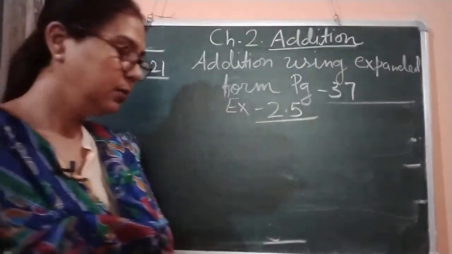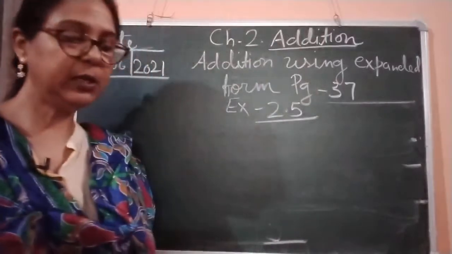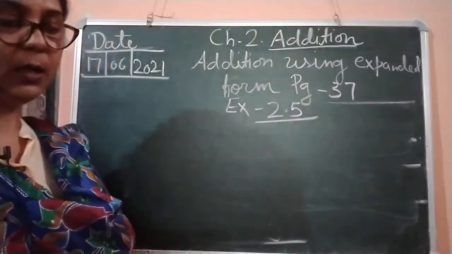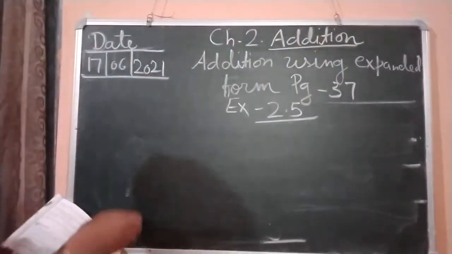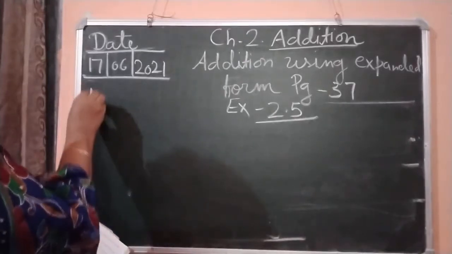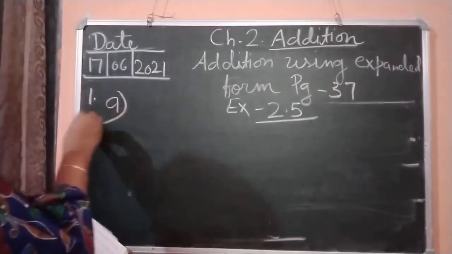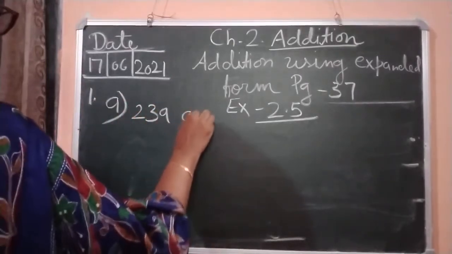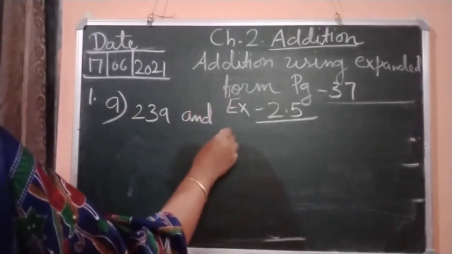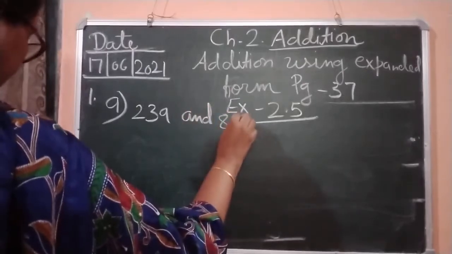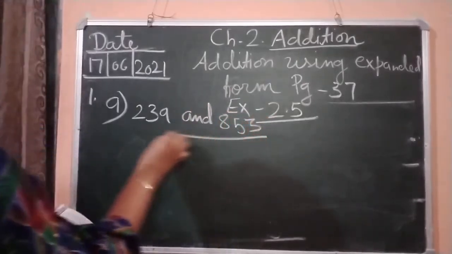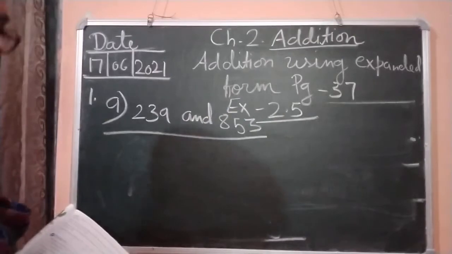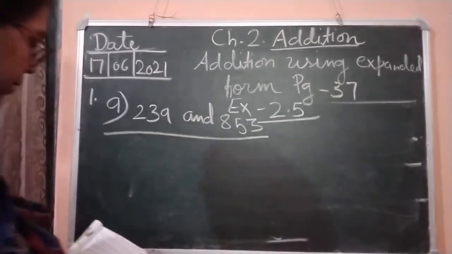So now children, we will start add using expanded form. Now here we will do the first one, that is A: 239 and 853. This is our first number that we are going to do.